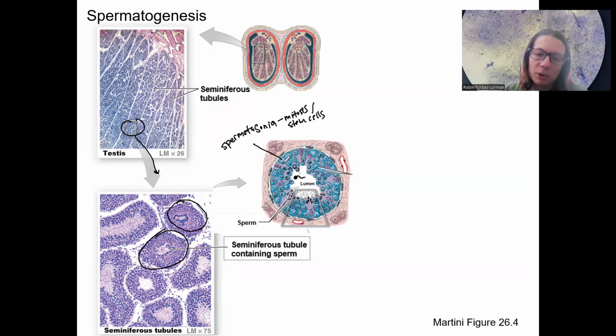Then throughout the bulk of this tissue here, within the wall of the seminiferous tubule, that's where sperm development occurs. These are primarily called spermatocytes as they're developing. And then eventually, they're going to be called spermatids.